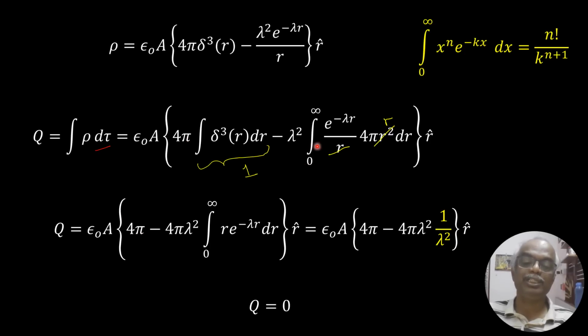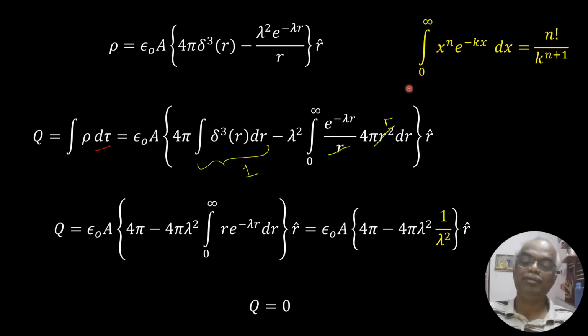Then what about this? You take this 4 pi outside the integral. So you will get 4 pi, already there is a lambda squared, r e power minus lambda r dr. So here we use the gamma integral technique. I have given one lecture on this integral technique, so please refer to that lecture.